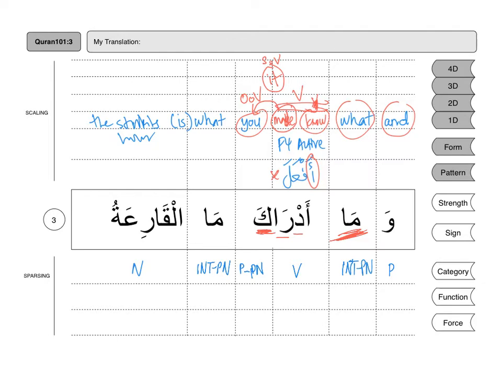All right, so next we go to the function. For wa, it would be a particle of conjunction. And then the ma here, remember before this, mal qari'ah: ma is an interrogative noun at the beginning of the sentence.